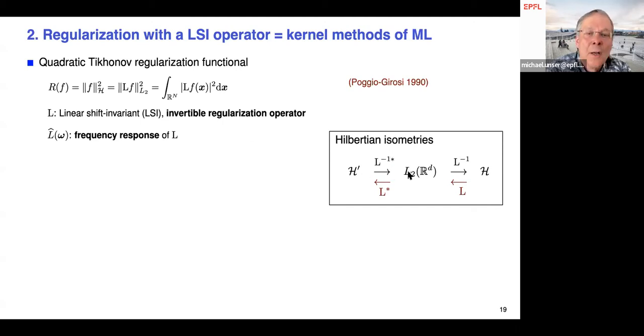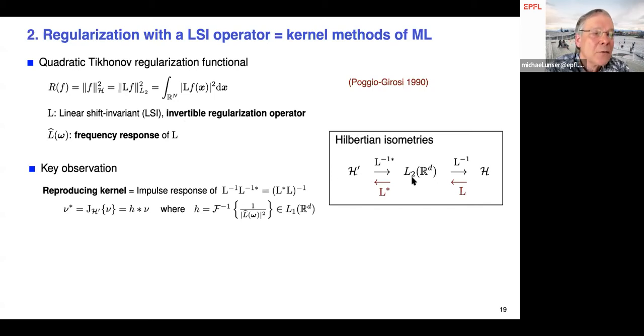And then what you have is this functional picture where you're using an L2 norm, but after application of the operator L, and so you have this mapping between L2 and your Hilbert space H, and then you can also determine the dual space H prime, which is given here.